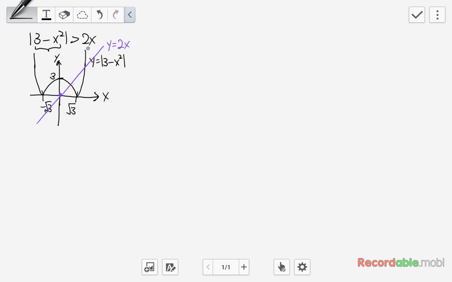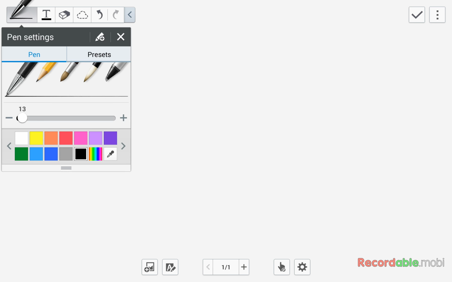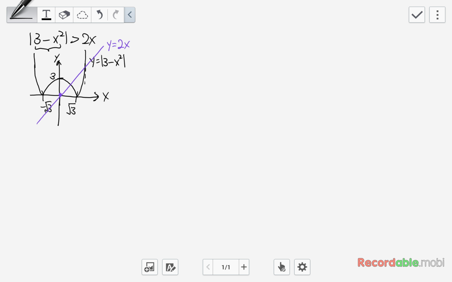Imagine you see that this graph here, at this part, after this point of intersection, the y value of this modulus 3 minus x squared graph is always greater than my y equals 2x graph. That means it satisfies this inequality. So we want this area.